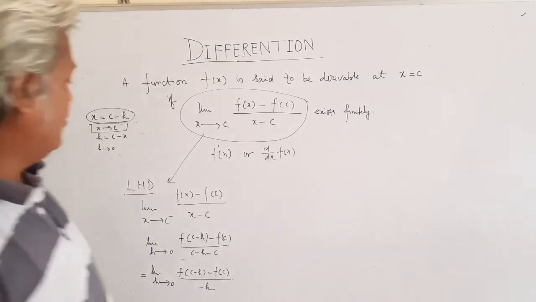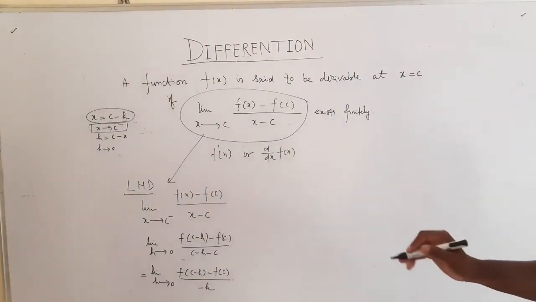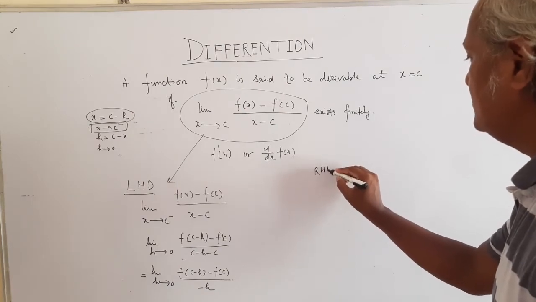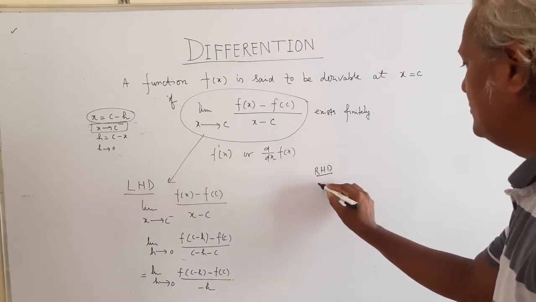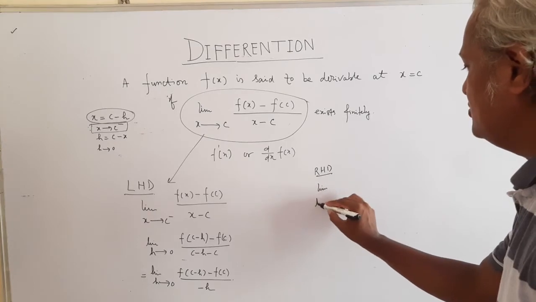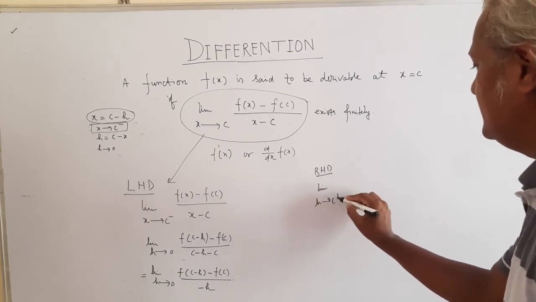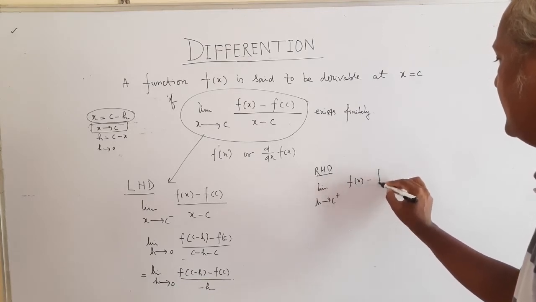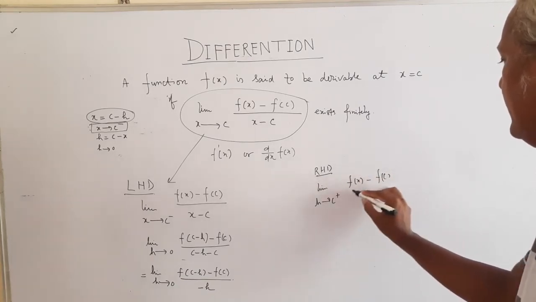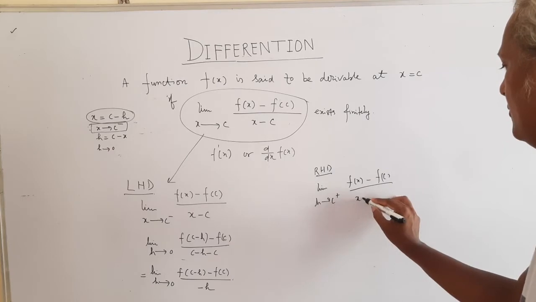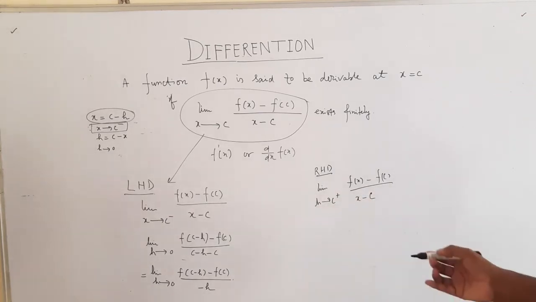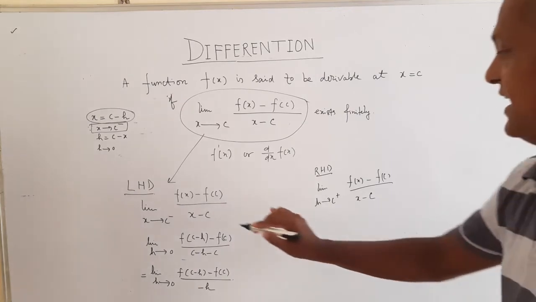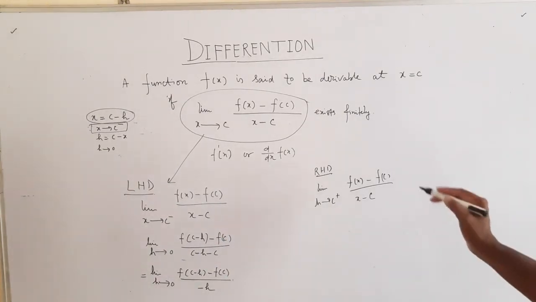Then I go for right hand differentiation. This I write here as RHD, and this one is the limit as x tends to c plus of (f(x) minus f(c)) over (x minus c). Again, in this case, we will change x to c plus h.